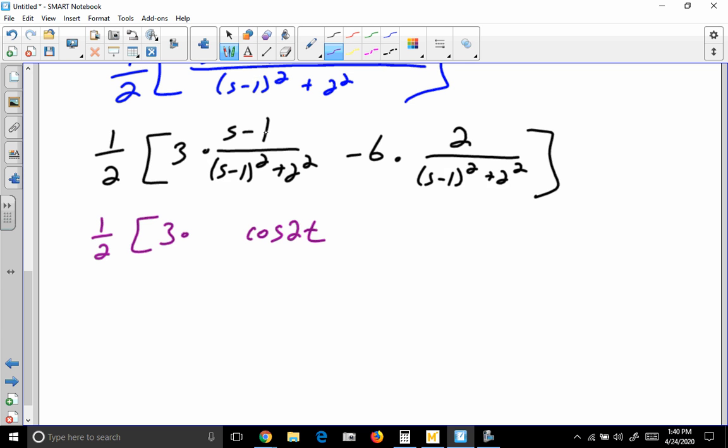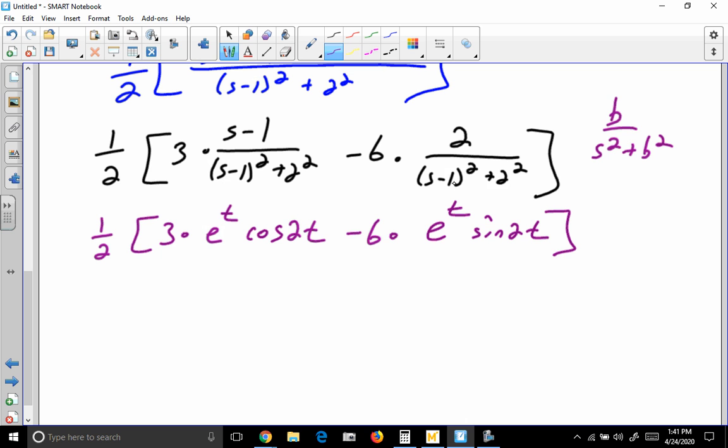This 1 is our a, so e to the 1t. And then for this one, we have minus 6 times, this was basically a b over s squared plus b squared. That goes back into sine bt. a is 1, so e to the 1t.